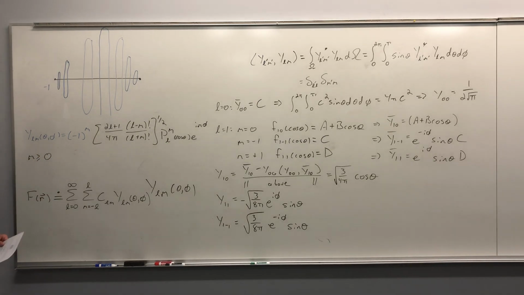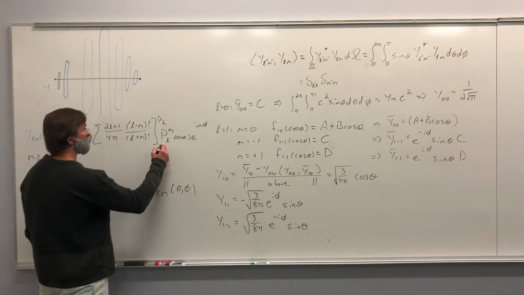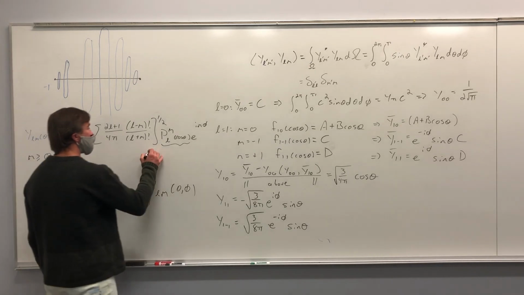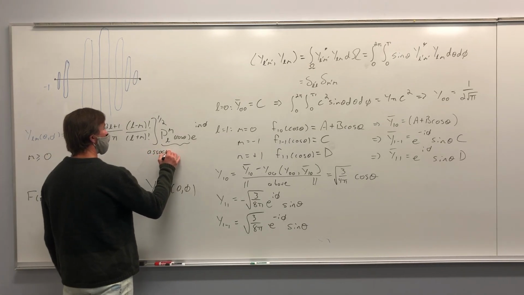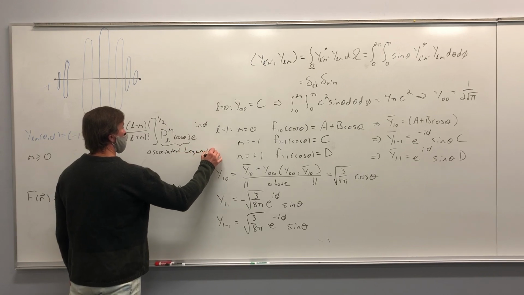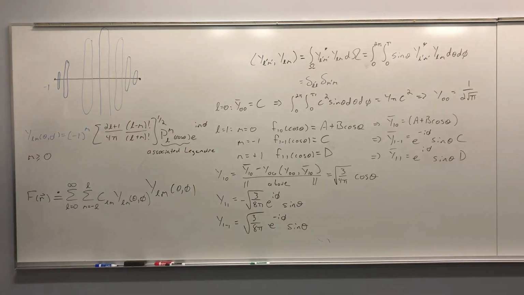Okay? You can use this Rodrigues formula to generate any of the spherical harmonics Y_L^M. What is this? This is an associated Legendre polynomial, which we briefly talked about at the end of our discussion of the Sturm-Liouville. But if I take m equals to 0, what do you think that is? Just Legendre. It's just a Legendre polynomial.